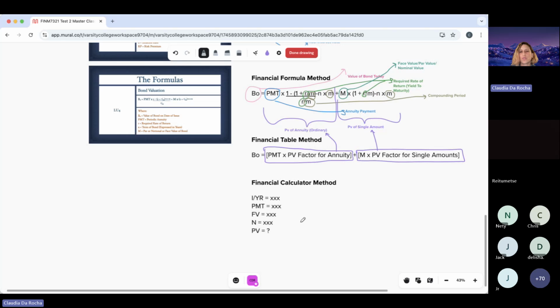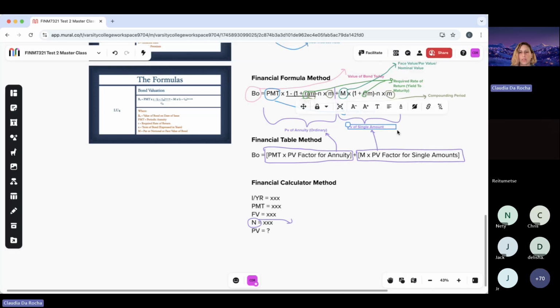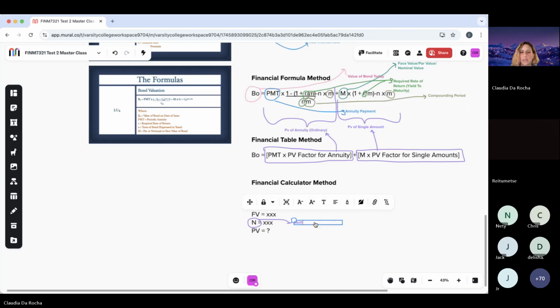So all you need to do, if there is compounding, is multiply your N by the compounding periods.